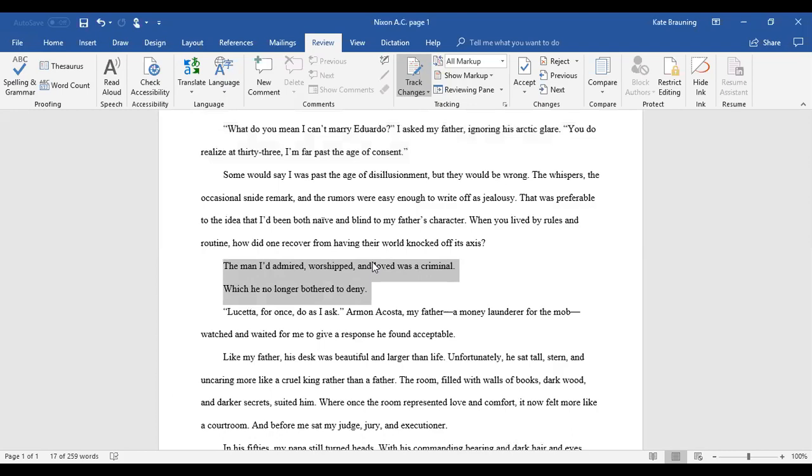Instead of having the first page's focus be split between I want to marry him, no you can't, and my dad is a criminal and I don't know how to deal with that, I would let page 1 be about my dad's a criminal and I don't know how to deal with that, and then let the situation open up a little more, especially because on page 2 we get another character involved, and then her mom is involved, and then Eduardo himself comes in, and it feels to me like it expands too rapidly.